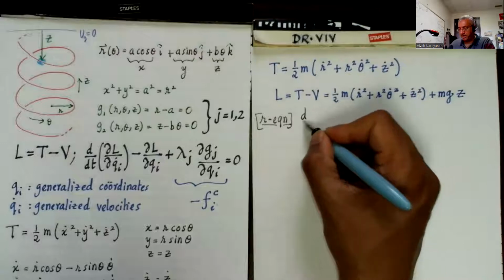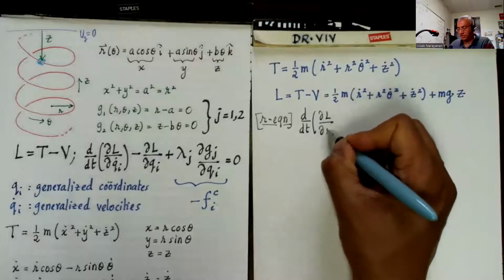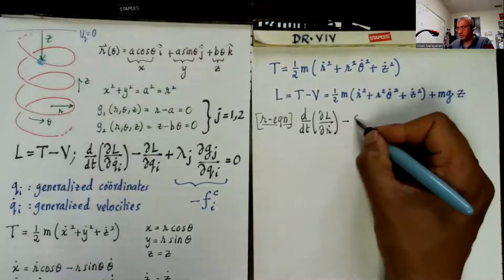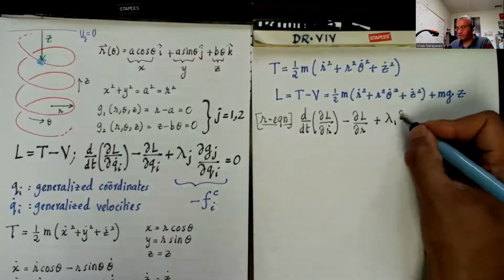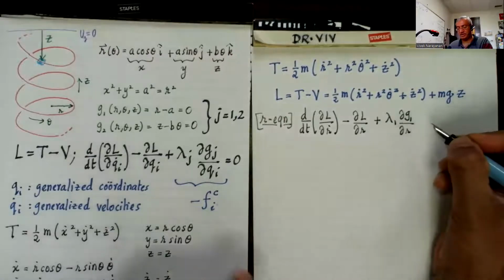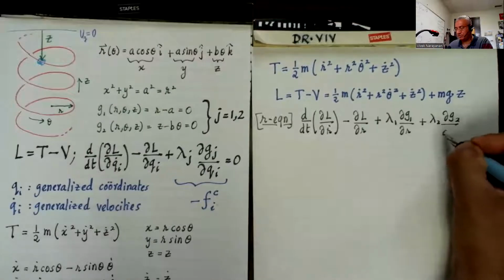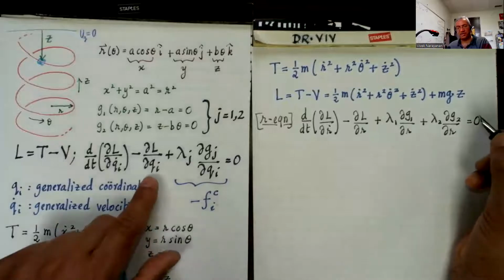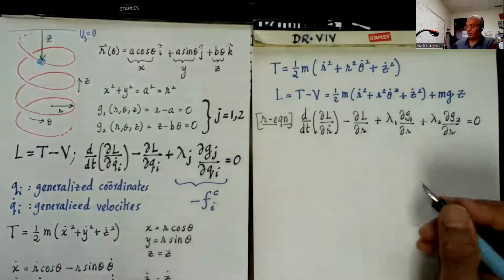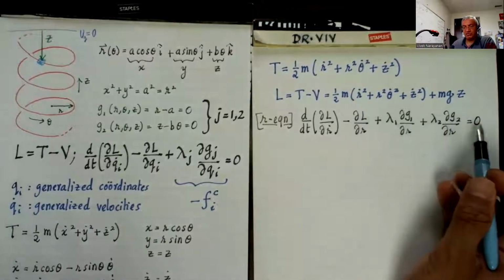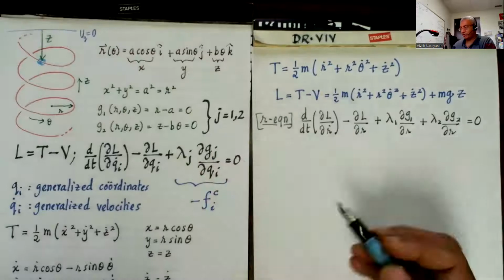I'm going to get d by dt of del L over del r dot minus del L over del r plus lambda 1 del G1 over del r, that's what I'm doing there, plus lambda 2 del G2 over del r equals 0. Observe the denominator tells you which equation it is. The numerator tells you which constraint it is. Because there are only 2 constraints, you only have 2 terms. If there are 3 constraints, there'll be 3 such terms, including lambda 3. But here you have just 2 constraints.